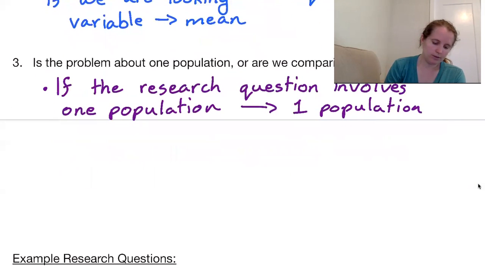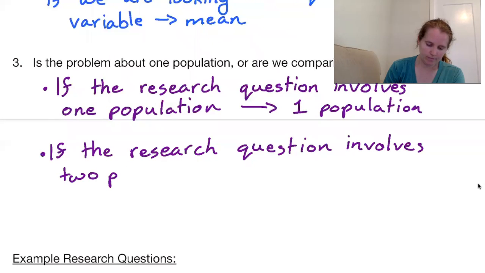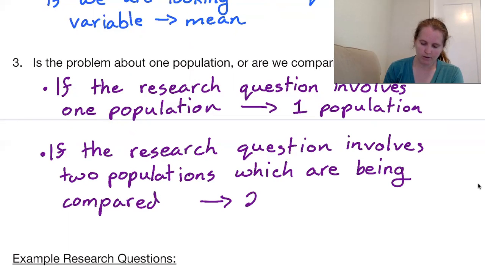Versus if it involves two populations, which are being compared, then we are looking at two populations.